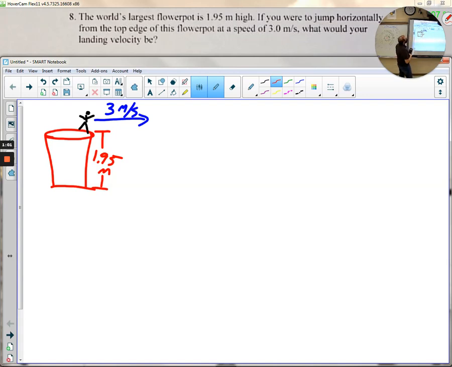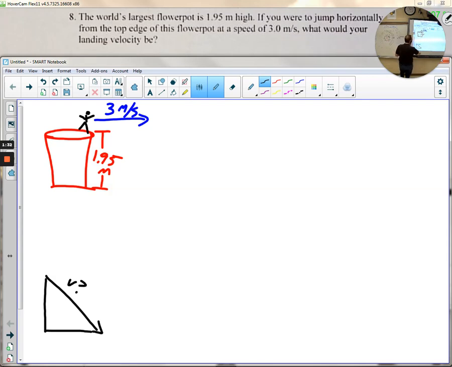And they're wanting to know what's my final velocity. My final velocity is going to be a combination of this x velocity right here, as well as whatever y velocity I've picked up from falling. So I'm going to make myself a little cheater triangle down here. This right here is going to be my final v that I'm looking for.